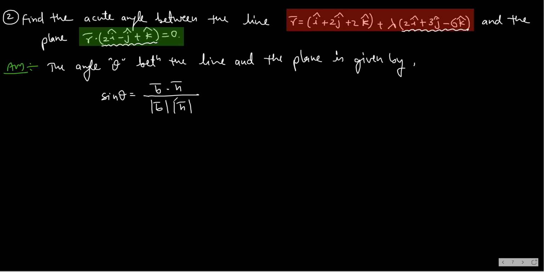Got that? And then I will write here, where B bar is vector parallel to line and N bar is vector perpendicular to plane.